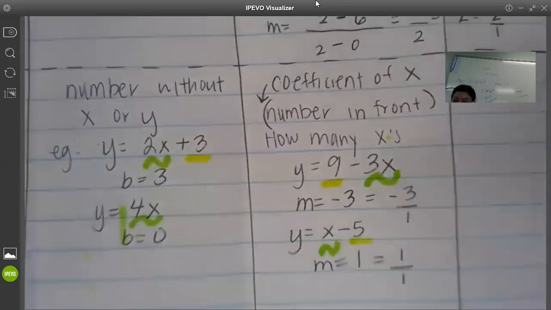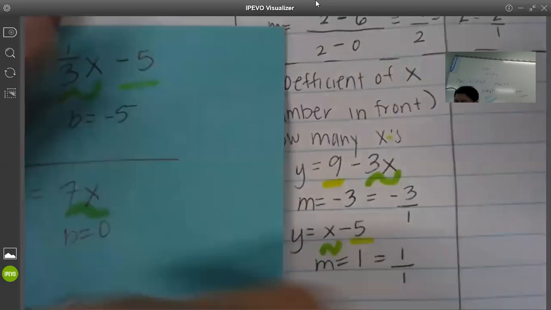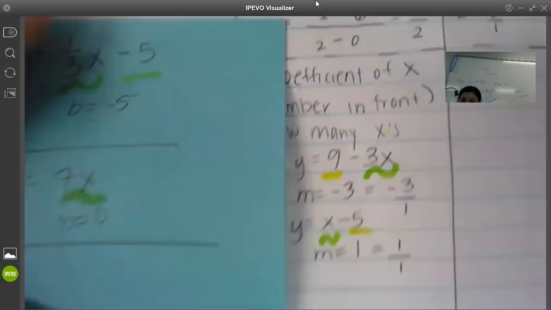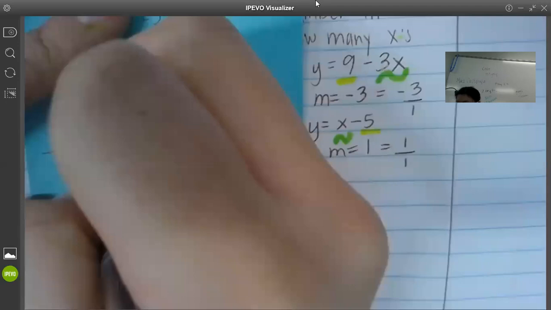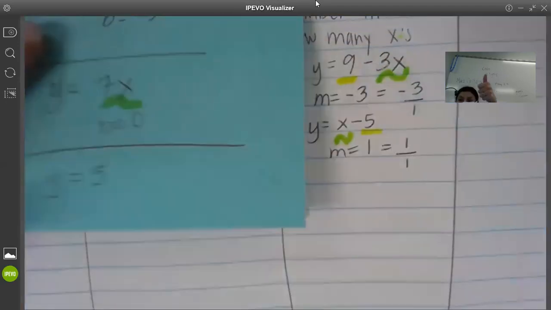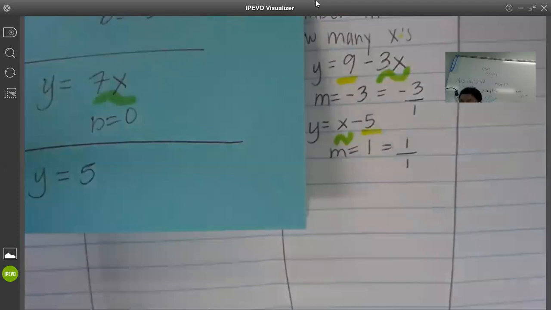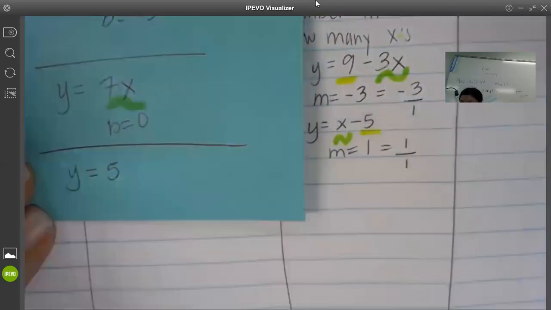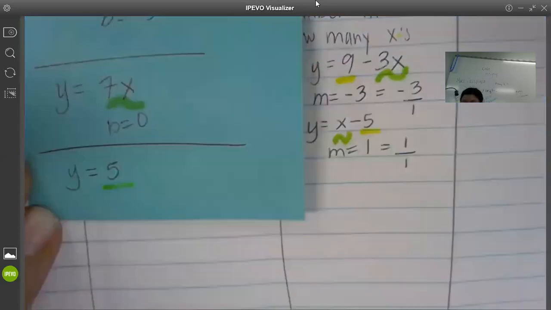So let's do another one. What if you have this? Squiggly, underline. Squiggly the one with the X, underline the one without X or Y. So here I don't see an X, but I see a number that does not have X or Y, so I underline that one.